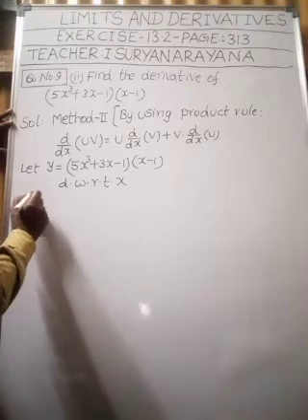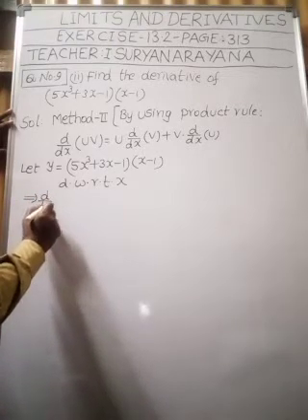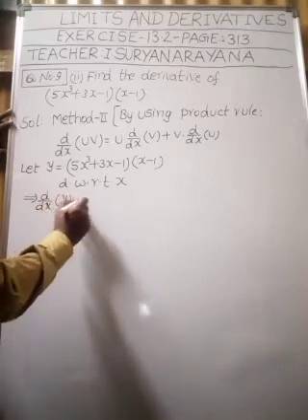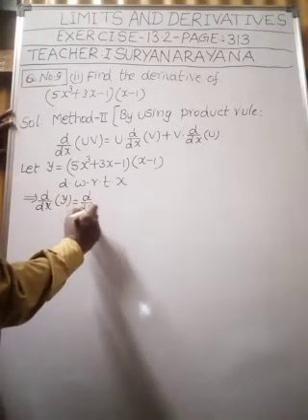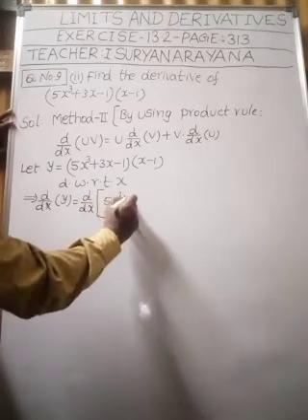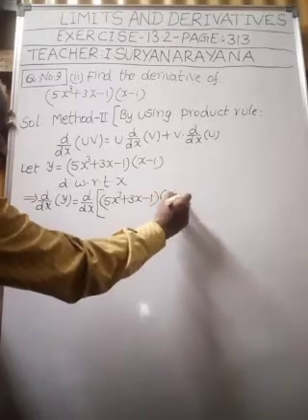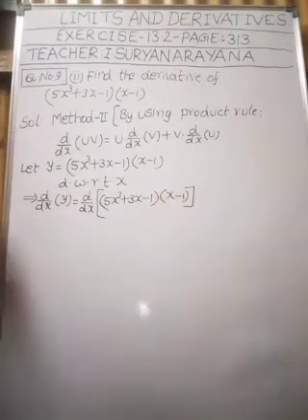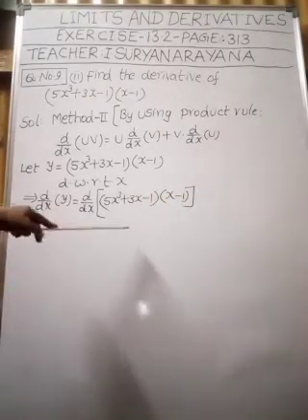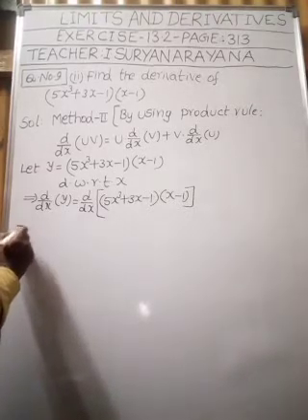So d by dx of y is equal to d by dx of 5x cube plus 3x minus 1 into x minus 1. Okay, my children, understood this step? I wrote the differential operator on both sides. Right. Now come to LHS.